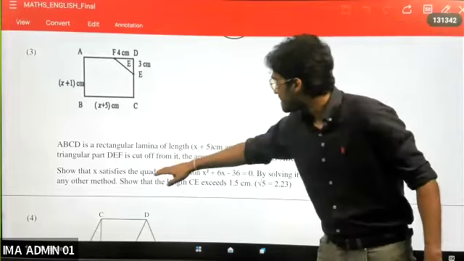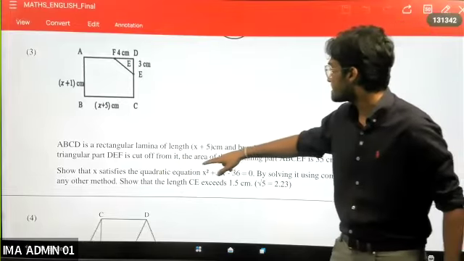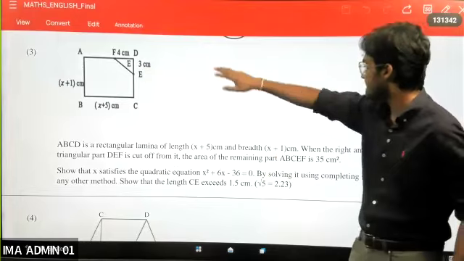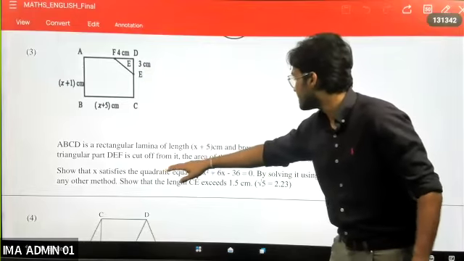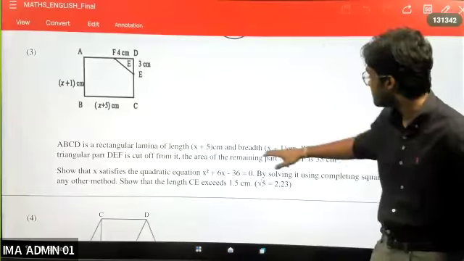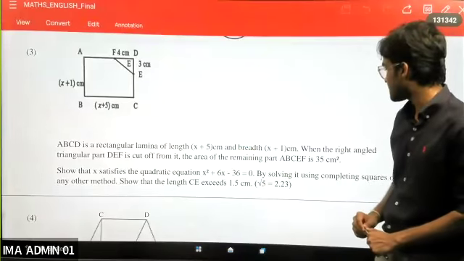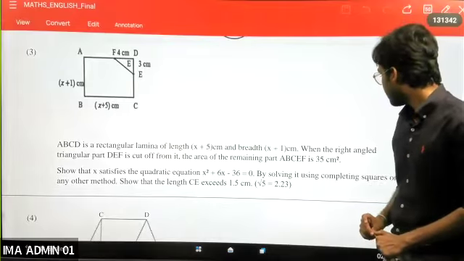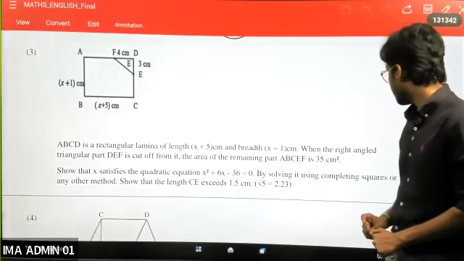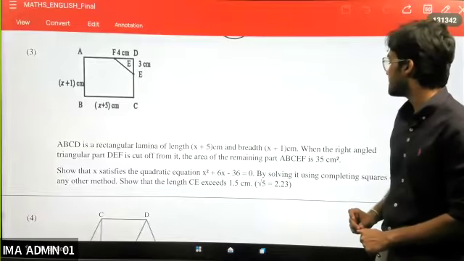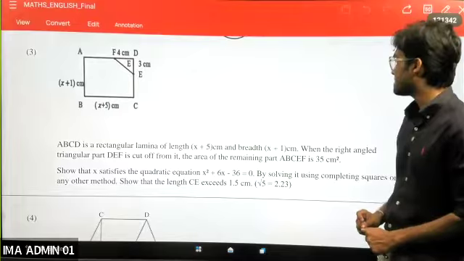In the second, they are asking that this data satisfies the quadratic equation x squared plus 6x minus 36. By solving it using completing squares or any other method, show that the length CE exceeds 1.5 centimeters.